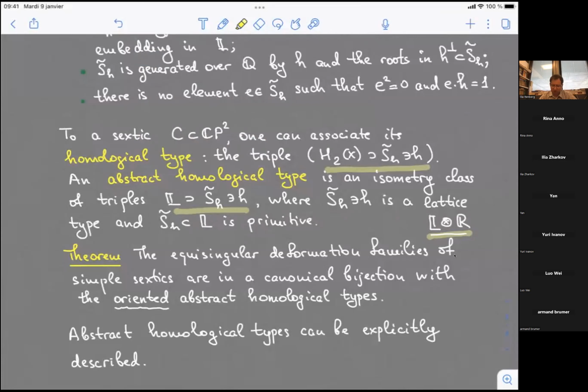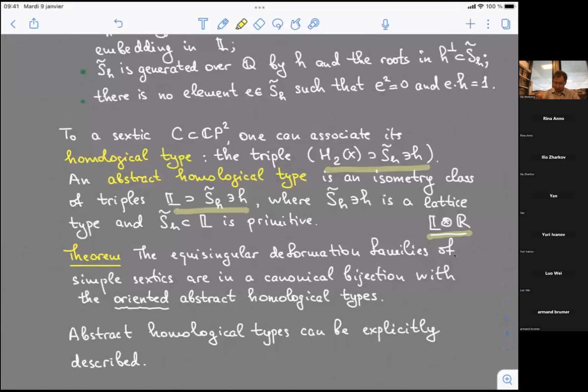So oriented means just that we choose an orientation of one of the positive definite two planes in the orthogonal complement of the hyperbolic sublattice. And the statement is that these oriented abstract homological types are in the canonical bijection with the equisingular deformation families of simple sextics.